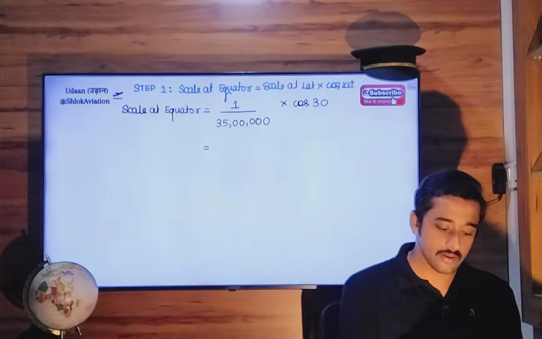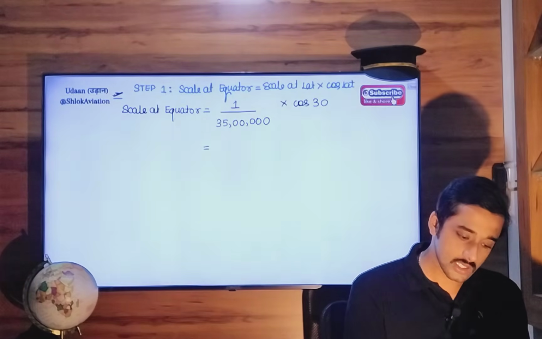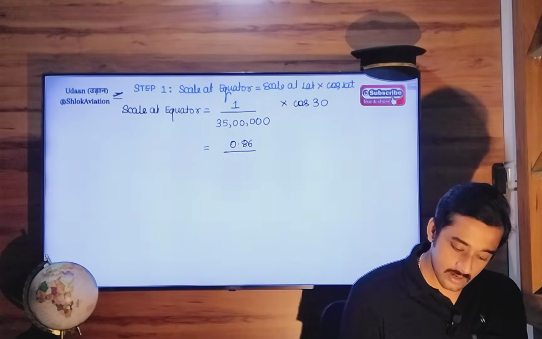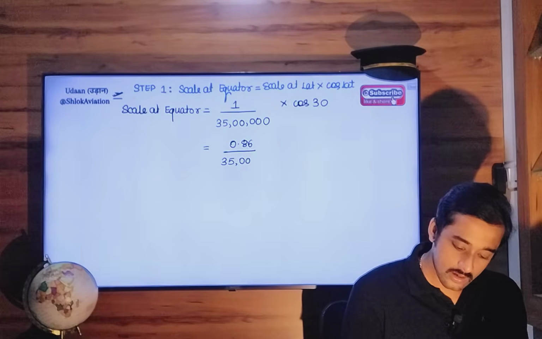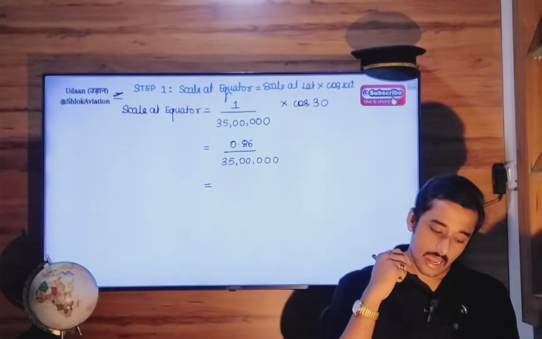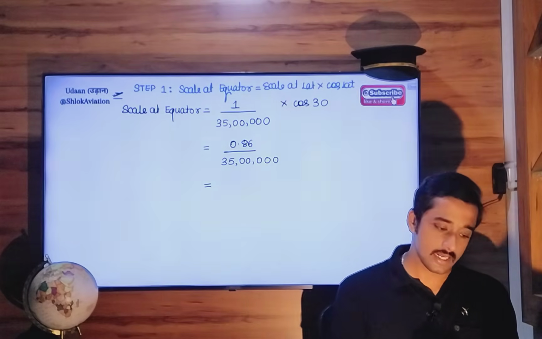Okay, so let's do it. So cos 30 is 0.86 divided by 35. Now in order to find scale at equator, divide numerator and denominator by 0.86.